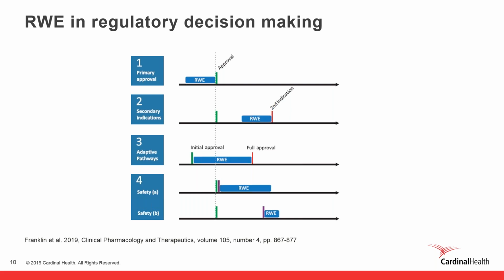So the accelerated approval application is typically based upon a surrogate endpoint. And then in the post-approval environment, the traditional approval is then granted once the clinical trial demonstrates post-approval efficacy. And it could be noted that real-world evidence could be used in this particular setting in the post-approval environment to help FDA grant that traditional approval.